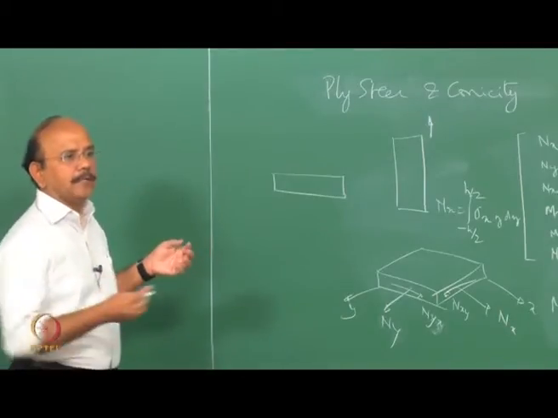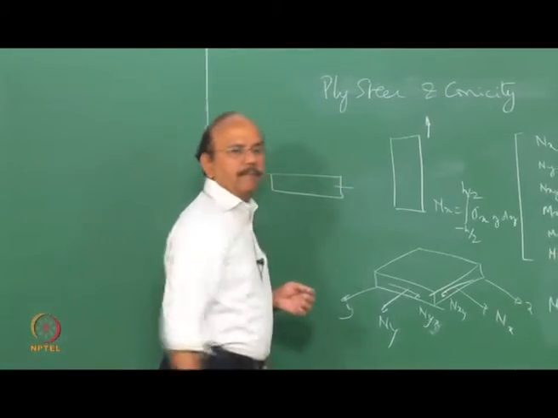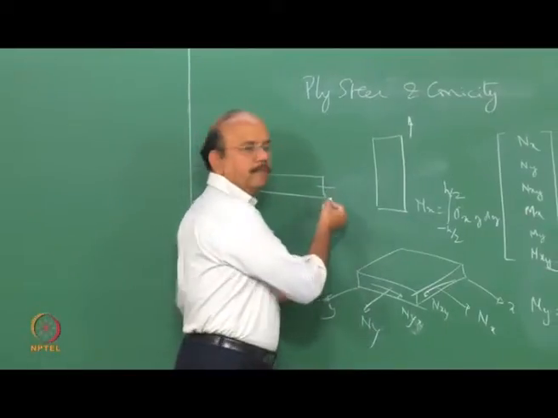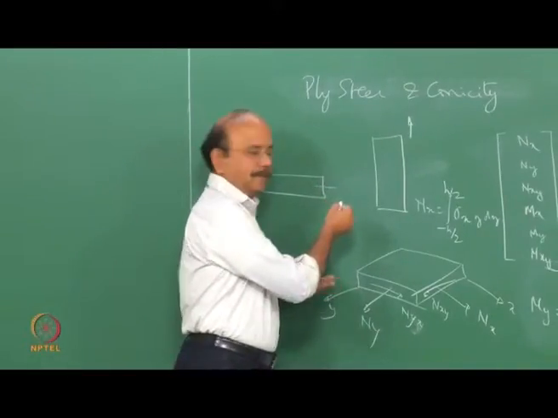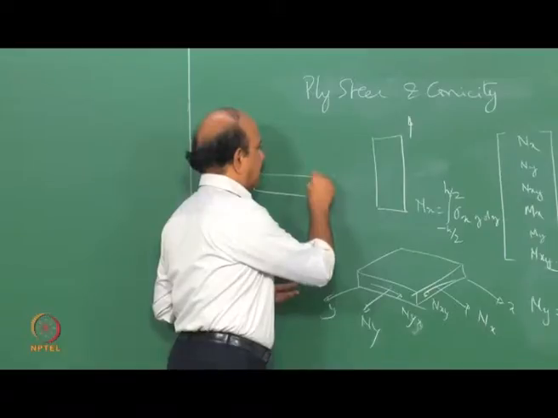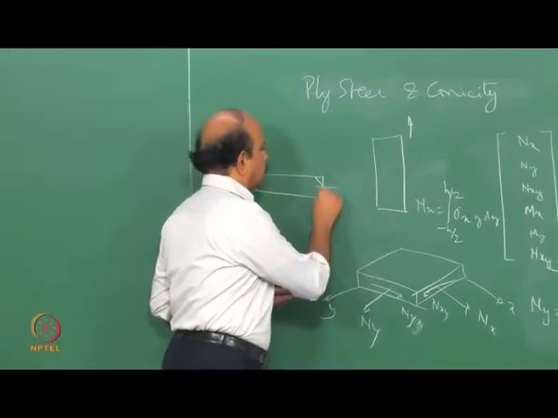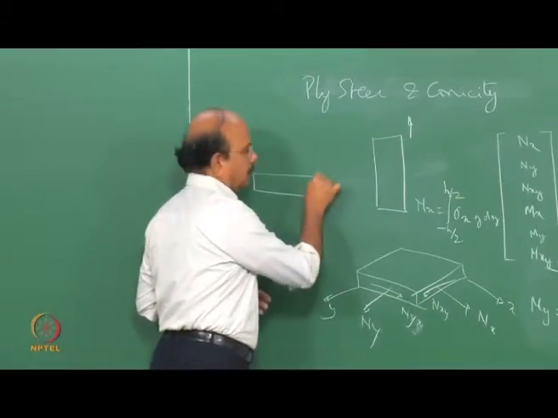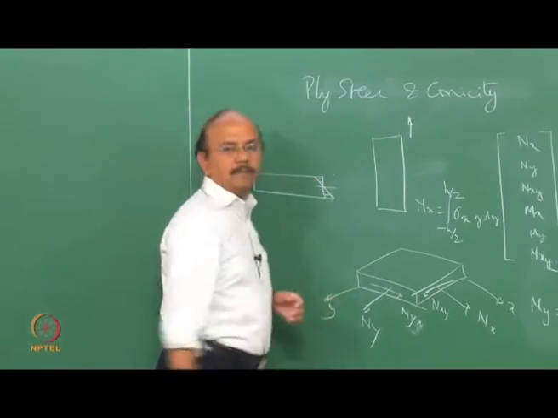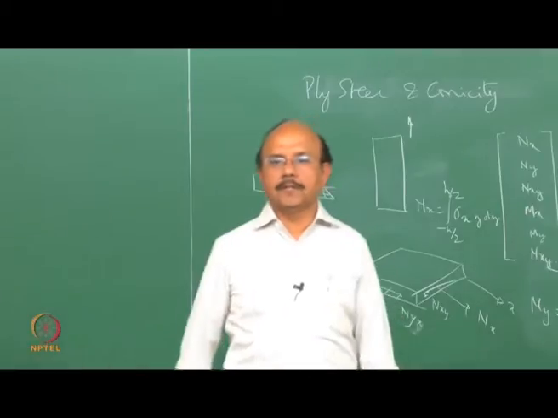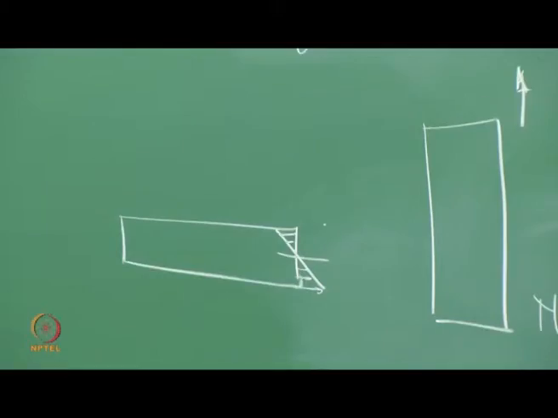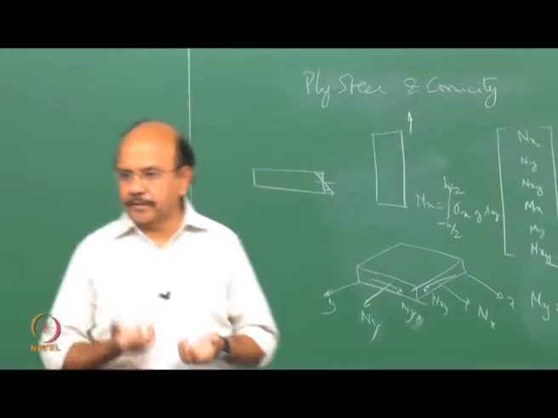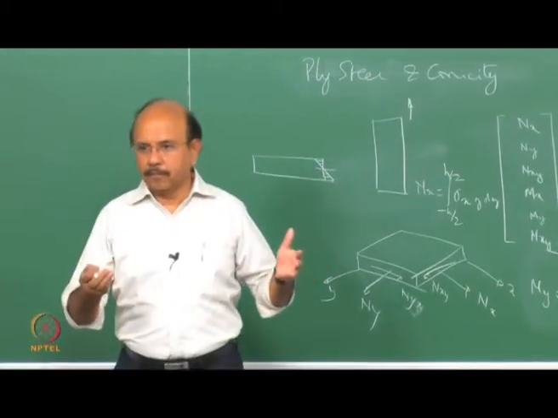So when the beam bends, you have a moment that's created, and those would be the stresses acting, okay, sigma xx with a neutral axis, and these stresses equilibrate the moment.